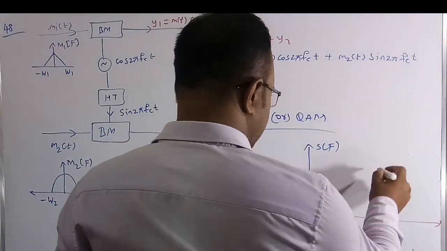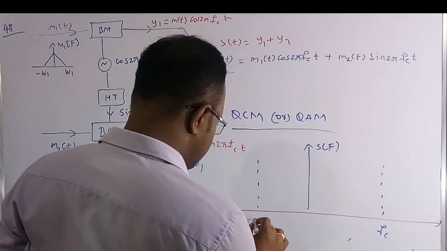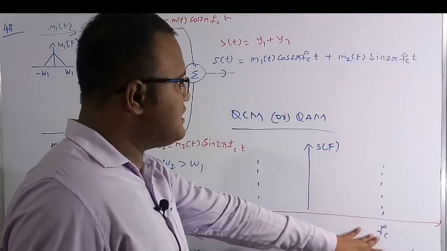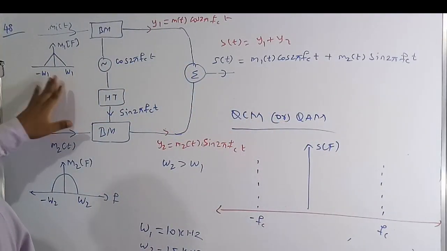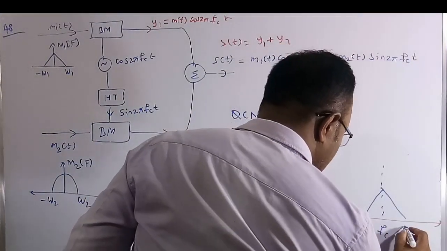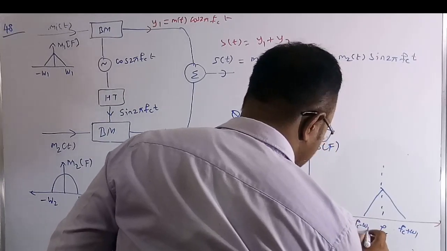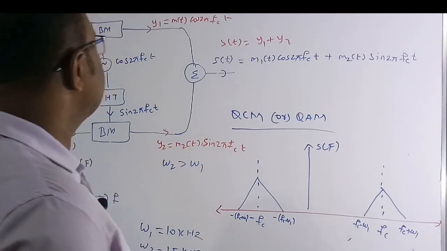So this is the fc diagram, with plus fc and minus fc. m1 of t must be shifted to fc. m1 of f extends from plus W1 to minus W1, so we draw this shape with the base from fc minus W1 to fc plus W1, and the same mirror image on the negative side.